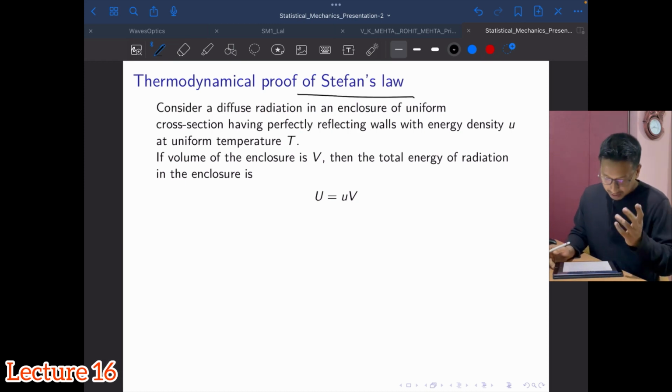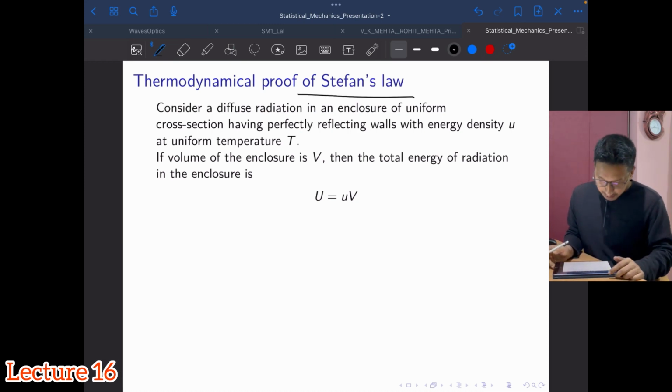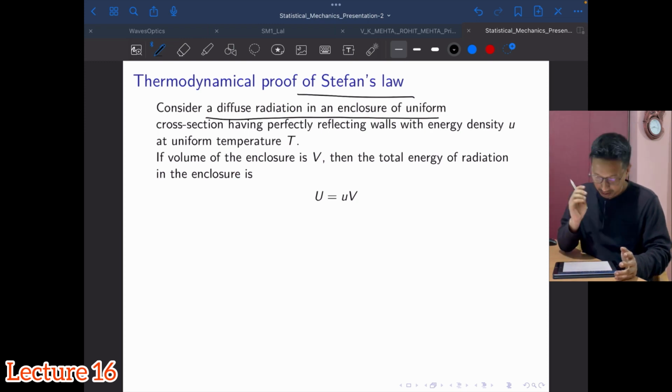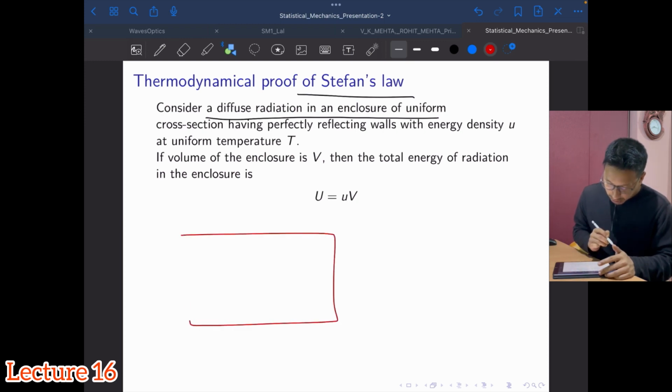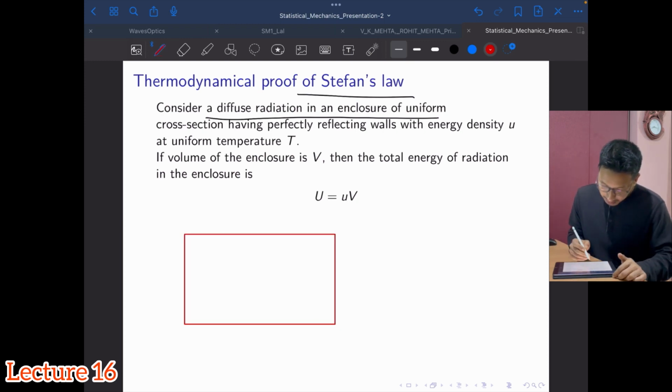Okay, so now we have to consider a very generalized case here. Consider diffuse radiation in an enclosure of uniform cross section. So here I have a temperature enclosure whose walls are perfectly reflecting.